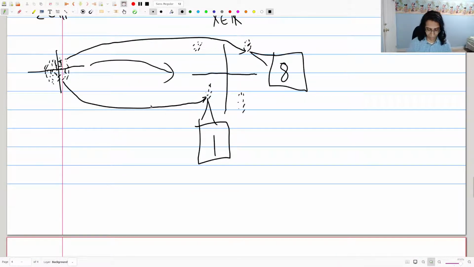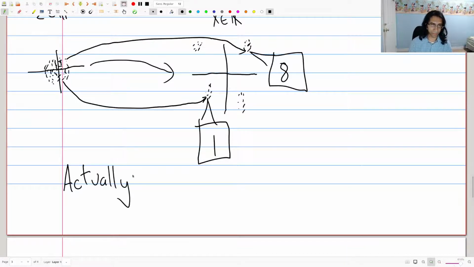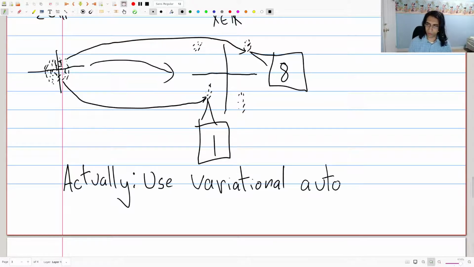But the actual execution is that we are going to use an autoencoder-like idea, and we're going to use what's known as a variational autoencoder. What's the difference between a variational autoencoder and an autoencoder?